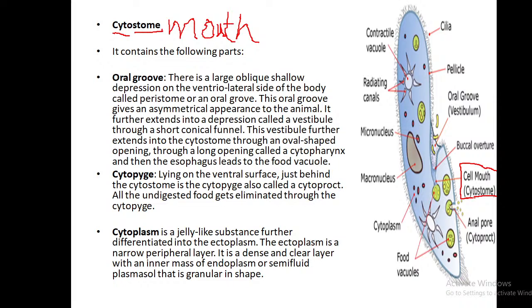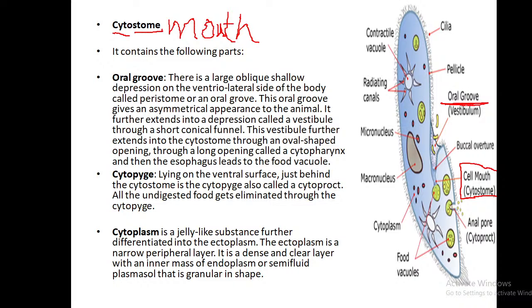So the name for the cell mouth, the mouth of paramecium, is cytostome. We can divide the cytostome into two regions. They have an oral groove. You can see here, they have an oral groove, and the oral groove is also called vestibular. Oral groove or vestibular, and there is a large oral groove.